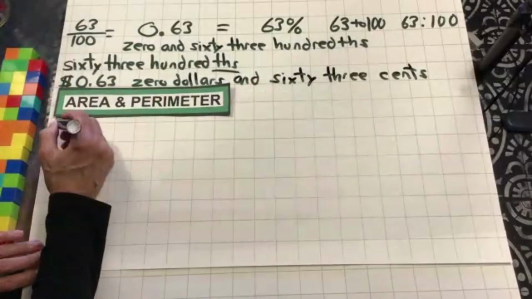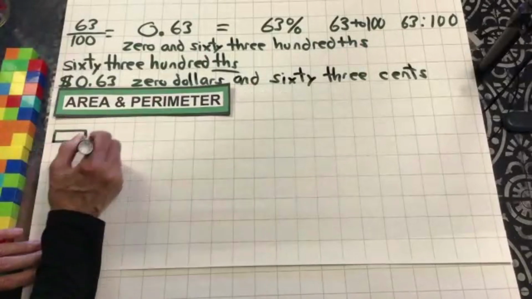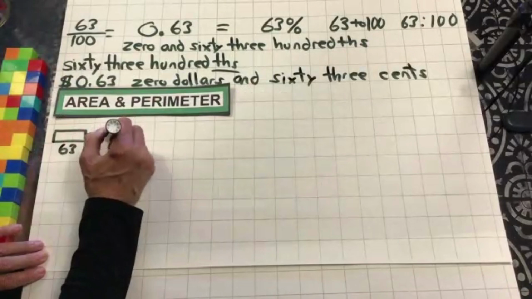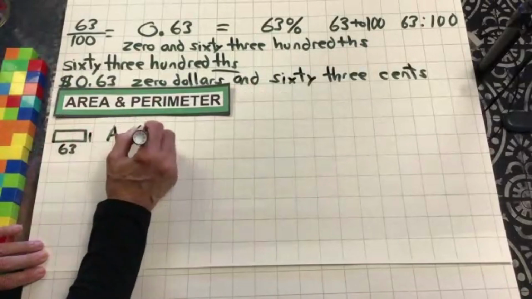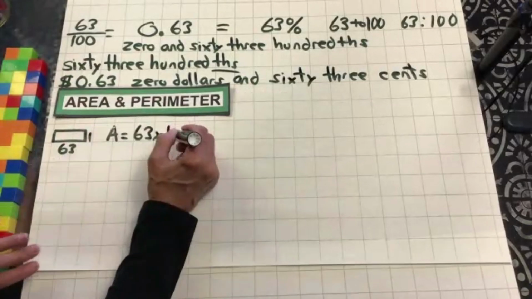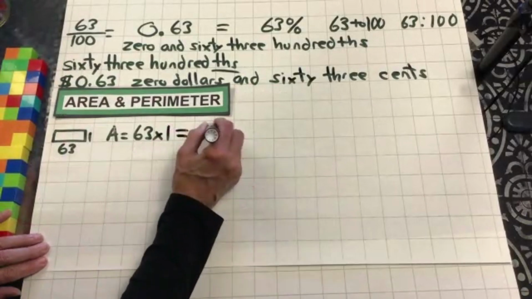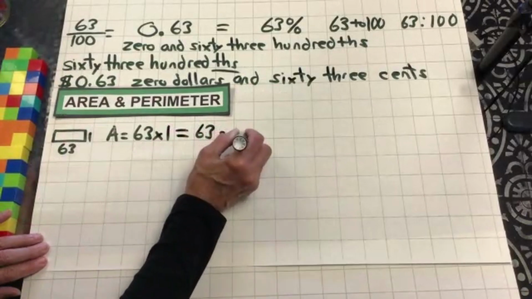So our first one is going to be a 63 by 1. So area equals 63 times 1. That would be width times height, or width times depth or length. You'll see it many different ways. So that would be 63 square units.